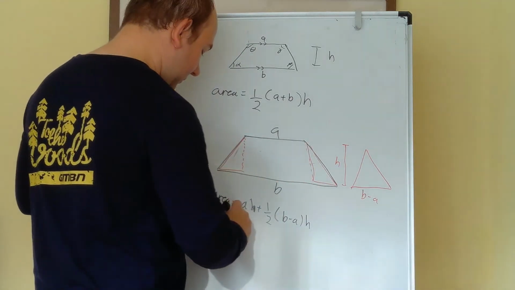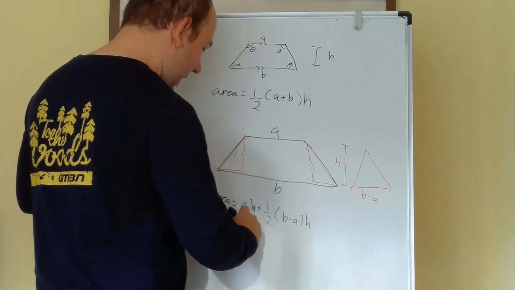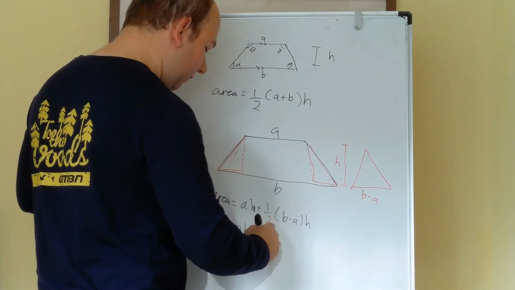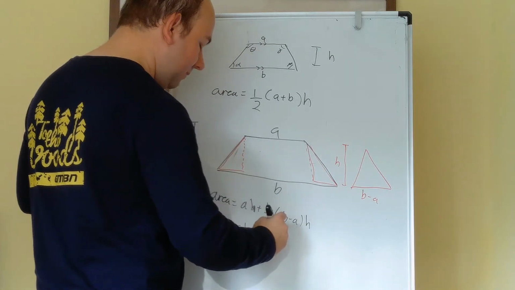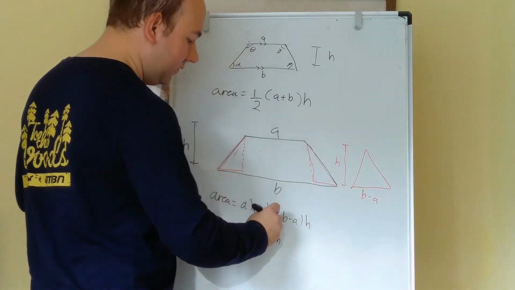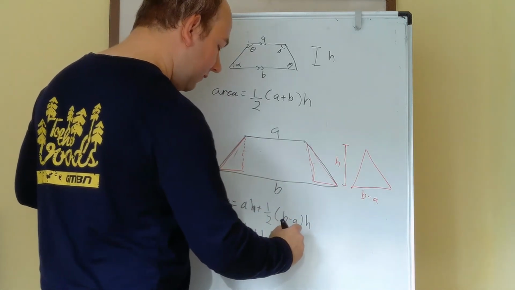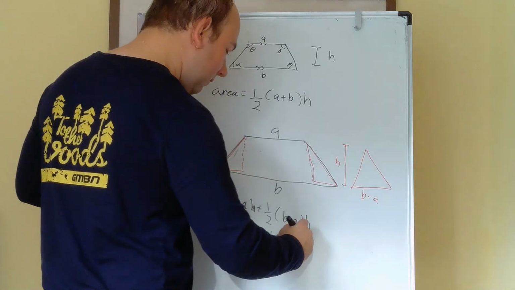So we have ah plus, I'm going to expand this bracket out, so a half bh, so half times b times h, minus a half of ah.